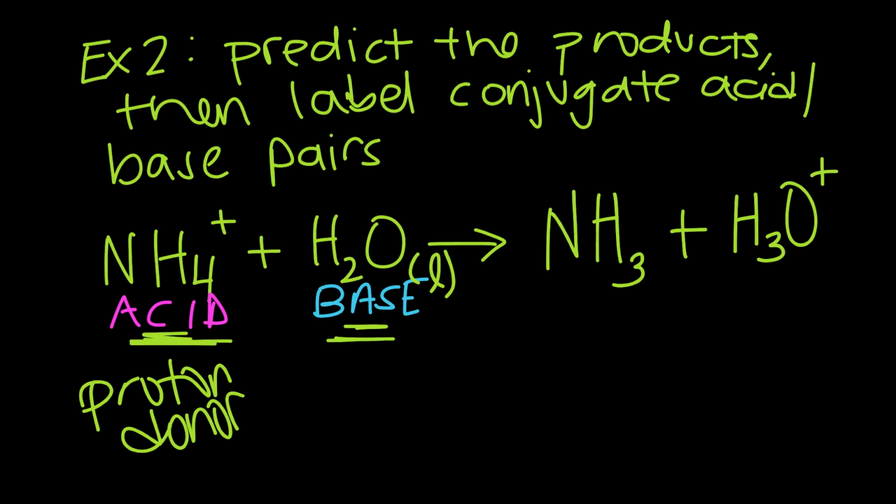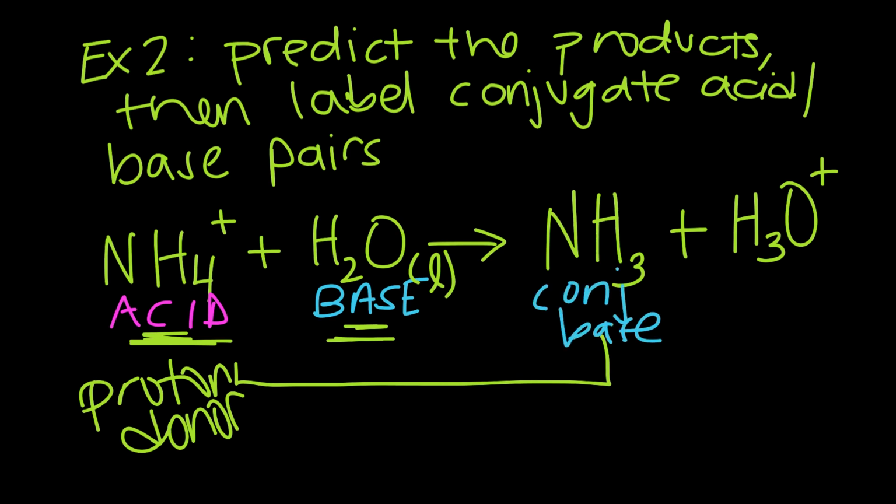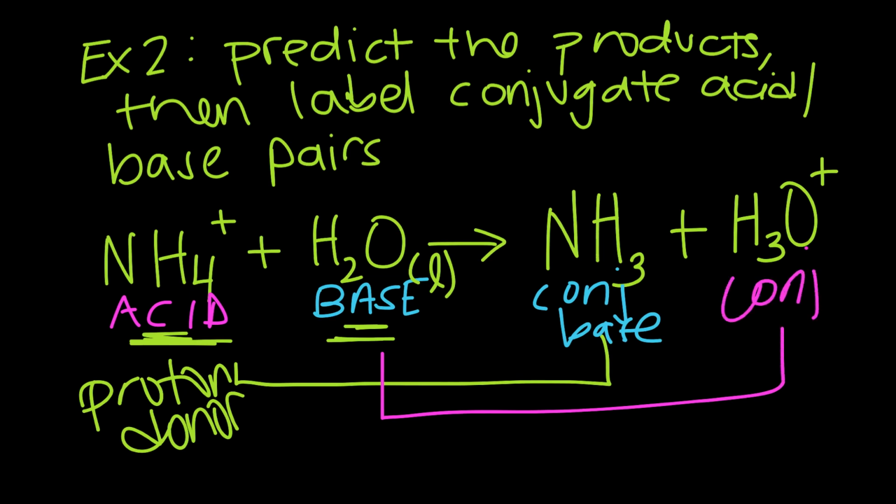And make sure the charges match on each side. They do. Okay. So your acid turned into the NH3. So we'll call that the conjugate base. So it's what's left after the H plus has been donated. And then your base turns into the conjugate acid, which is the hydronium ion. Remember that word, the H3O+.